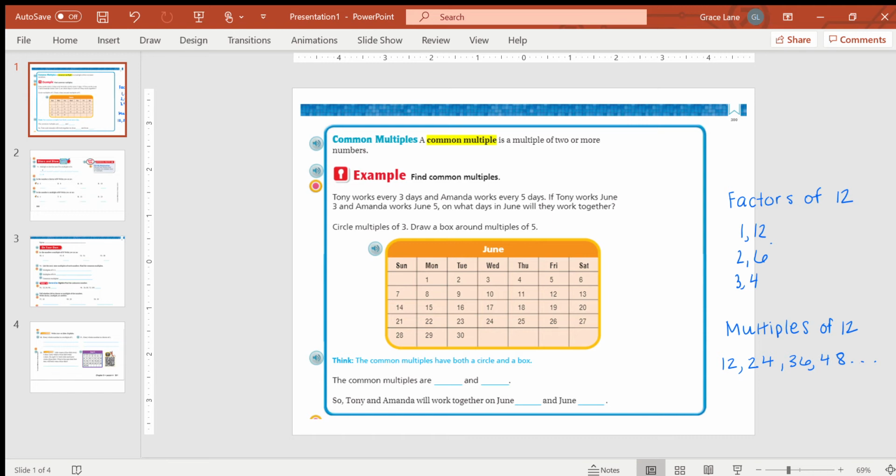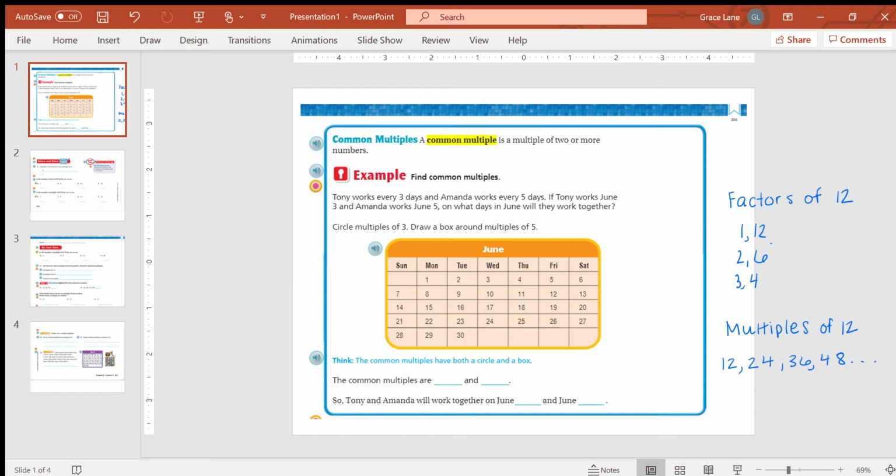The way that I'm finding the multiples of 12, maybe you can see the pattern: the first one, 12, is 12 times 1, then 12 times 2, 12 times 3, 12 times 4, and you could keep multiplying up and up and up, literally forever. You could do 12 times a million if you wanted. So multiples are the numbers that you get when you multiply. So that's kind of the difference between the two.